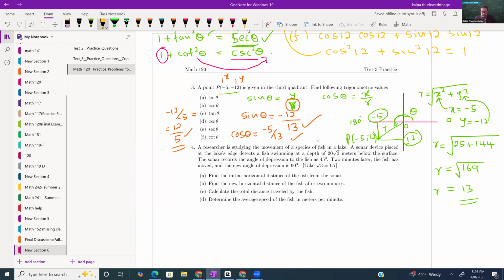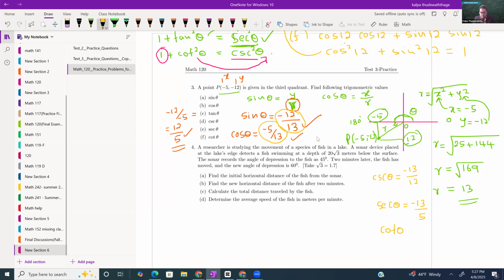How do you find cosecant? You can write cosecant theta as the reciprocal of sine, which is -13 over 12. Secant theta is the reciprocal of cosine, -13 over 5.